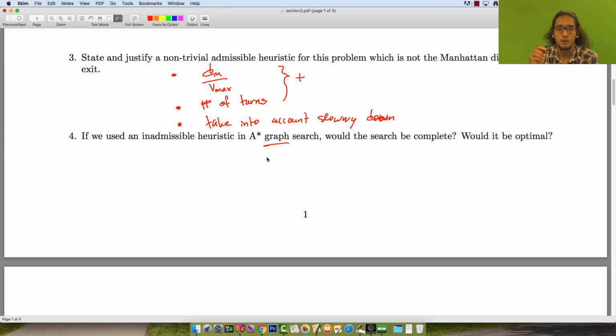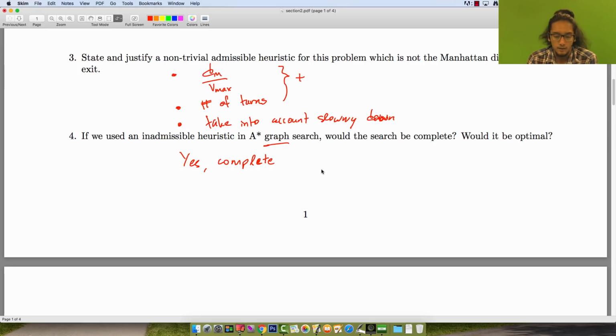Because since you never revisit an already visited node, A* graph search will continuously be exploring new nodes until it finds the goal state, at which point the algorithm is done. So the answer for completeness is that yes, it is complete. And the inadmissibility of the heuristic does not affect this because this is just a property of how A* graph search expands nodes.